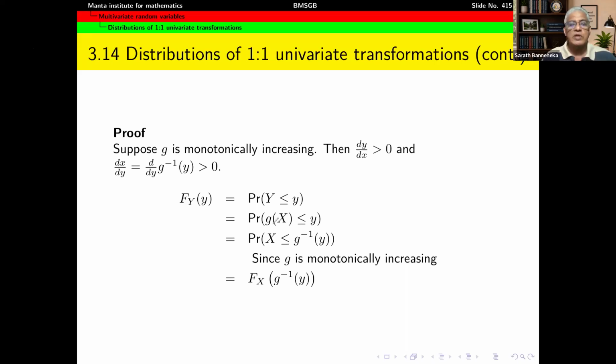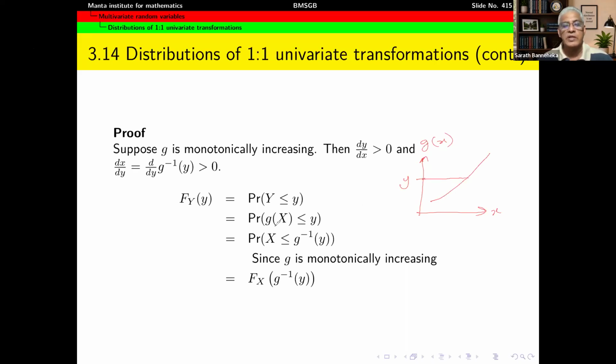Because g is monotonically increasing, g(X) is less than or equal to y if and only if X is less than or equal to g inverse y. We can easily see this. Suppose this is x, this is g of x, and this is an increasing function. Let's consider some y value here.